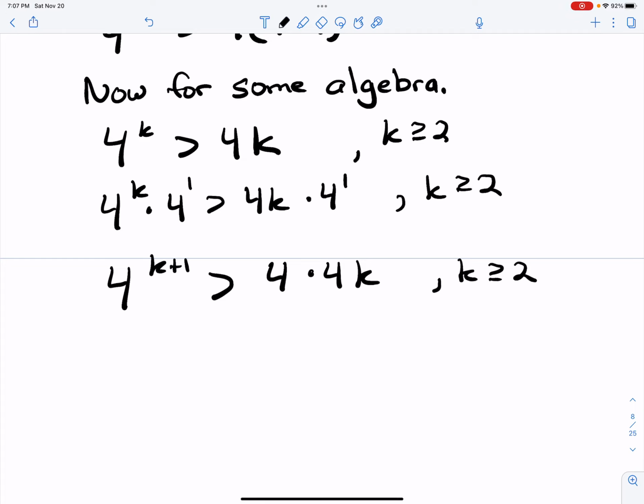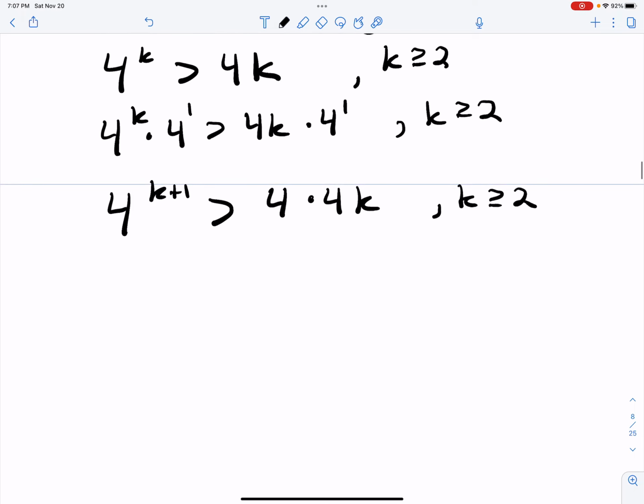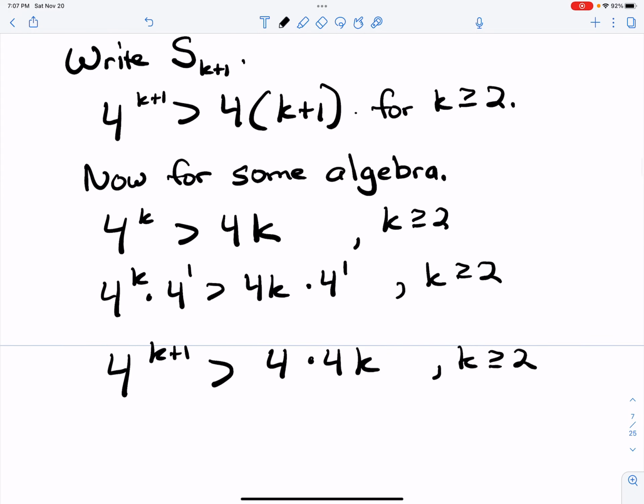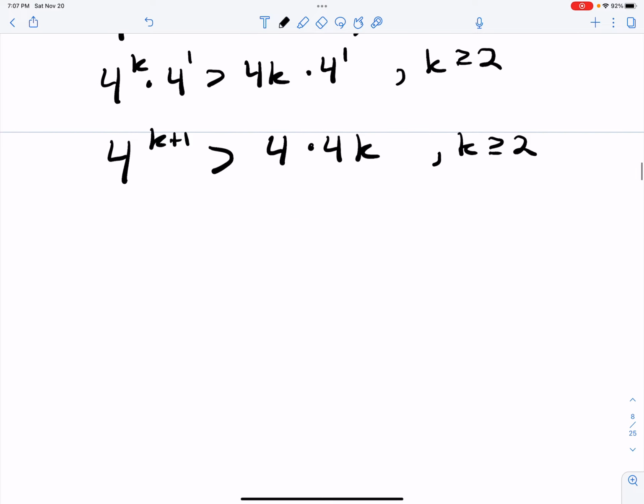But you might be like, wait a minute, this doesn't quite look right. We need a k plus 1 somehow over there on the right. But let's think about something for a second. When you have one of these greater thans, there's this little trick. Instead of 4 times 4k, we need a 4 times k plus 1, right? Based on our S sub k plus 1. That greater than makes this actually pretty easy.